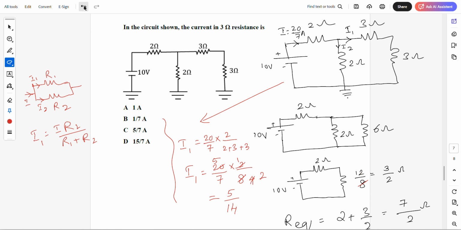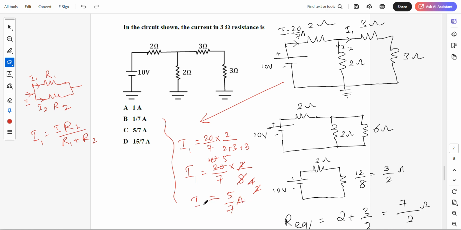Here, a simple mistake we had made. Now try to cancel this. I can cancel this, 4 2s are 8, 10 2, 2, 5, understood. That is equal to, 2 2 gets cancelled. 5 by 7 amperes is the right answer.